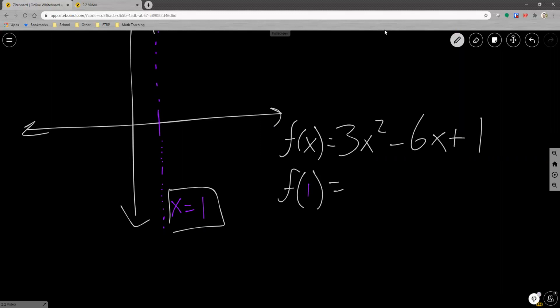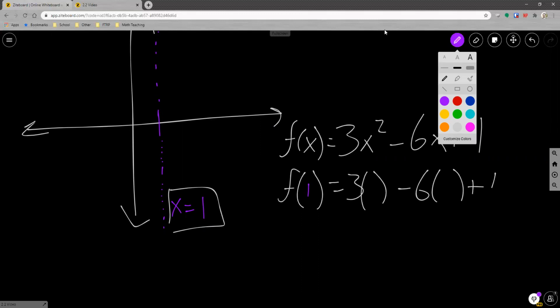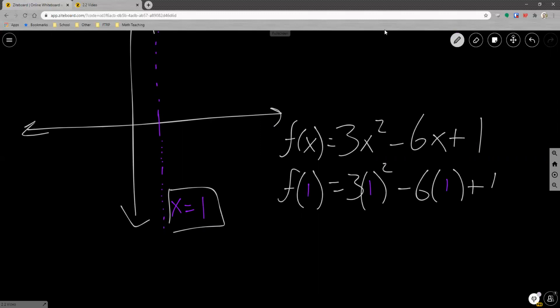I'll put all the spaces where my x's will be, and fill in the x values with 1. Oh, and I've got a square right there. So f of 1 is going to be 3 times 1 squared minus 6 times 1 plus 1.